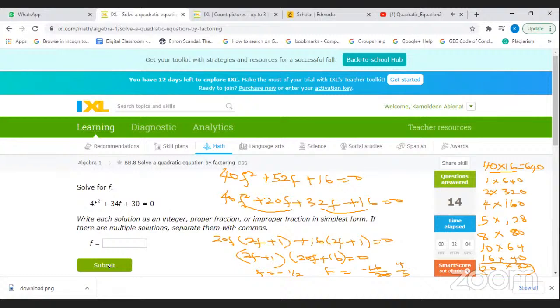If 4 should divide this, we are going to have 10f squared, plus 13f, plus 4.